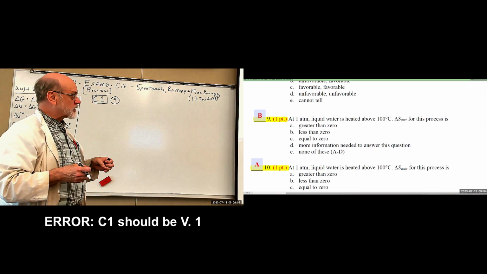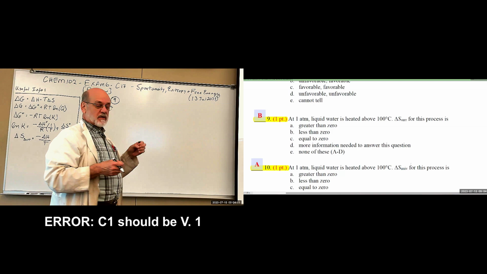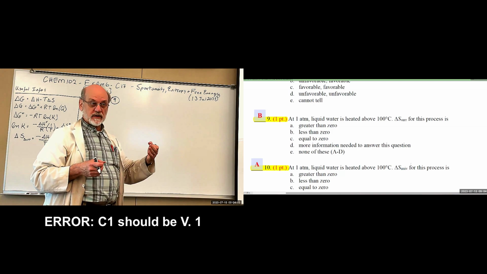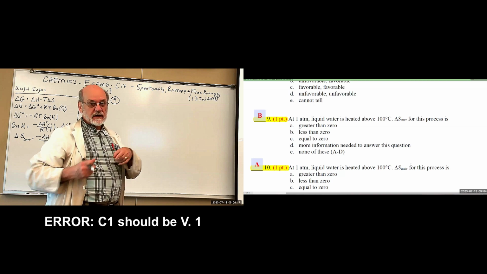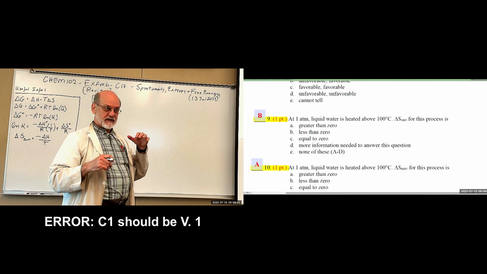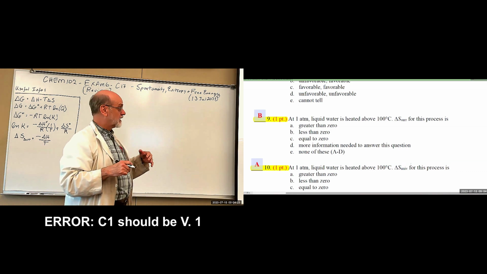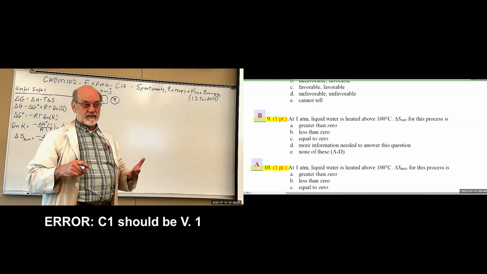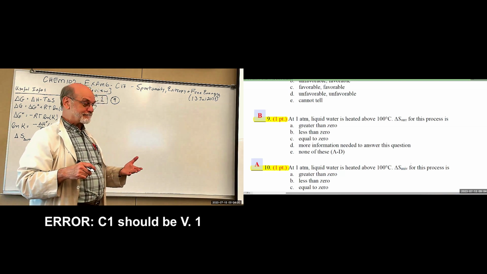But under certain circumstances, at 1 atmosphere, water can be heated above 100 degrees. It's a process that doesn't last very long, but in that hypothetical situation, if it's above 100 degrees, then we're no longer at equilibrium.